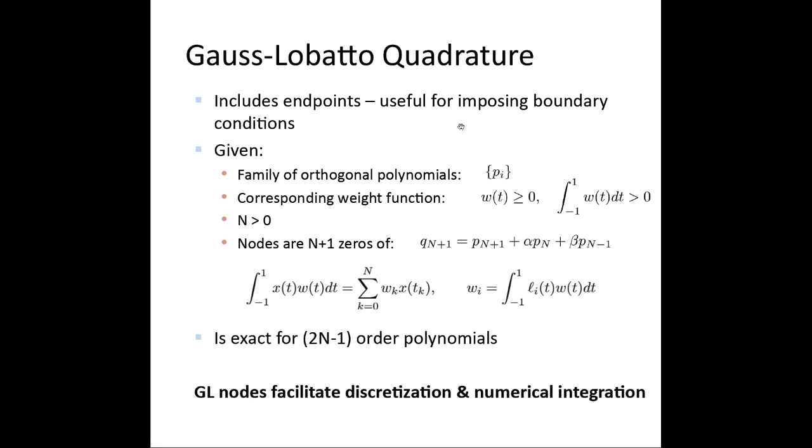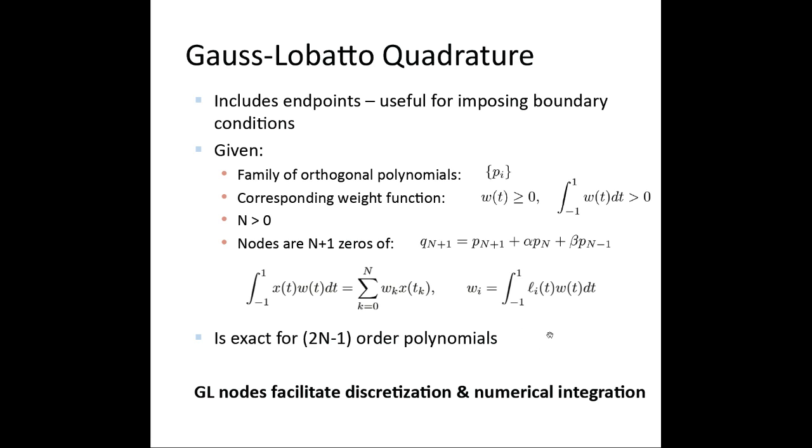So given a weight function for a family of orthogonal polynomials for some n equals 0, we can find the optimal nodes as zeros of an expression of this form. So the weights for Gauss-Lobato integration will be integrals of the ith Lagrange polynomial times the weighting function.